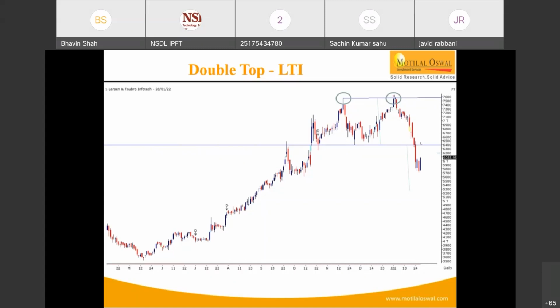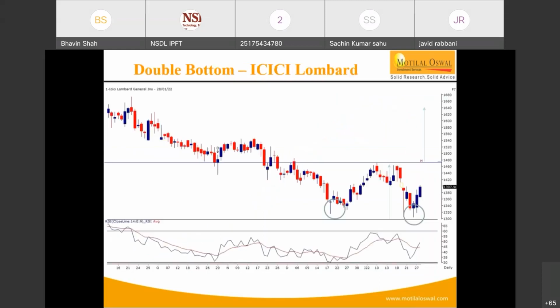So this is a pattern which is usually very useful and very helpful when there is some sort of a reversal in the market or a particular sector, be it an individual stock or even the sectoral charts. We can identify a double top pattern, and that can help us take a good trade. Similar to a double top pattern is a double bottom pattern.